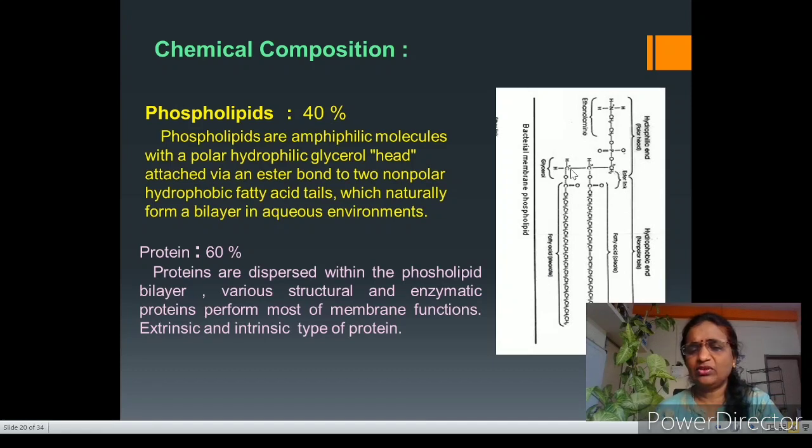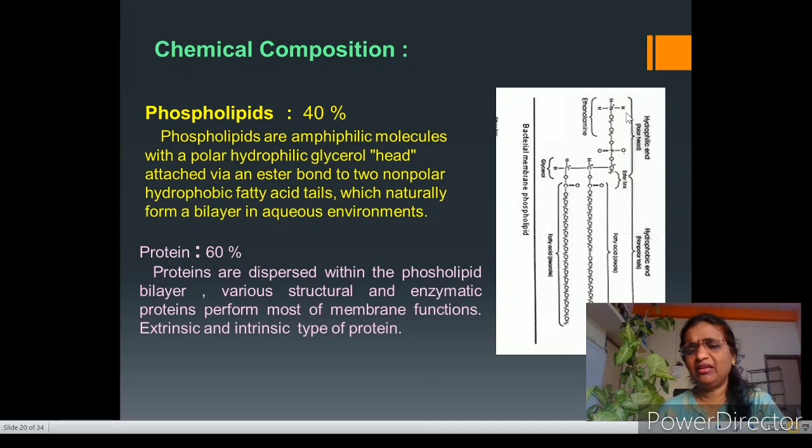Suppose this is a glycerol molecule. At its first and second carbon atoms, it carries long fatty acid chains. This structure indicates the tail region. These fatty acid chains, or lipidic region, form the tail region of the phospholipid, and the third carbon atom of the glycerol carries a phosphate. Here is the phosphate, and this phosphate gets attached to a functional group.